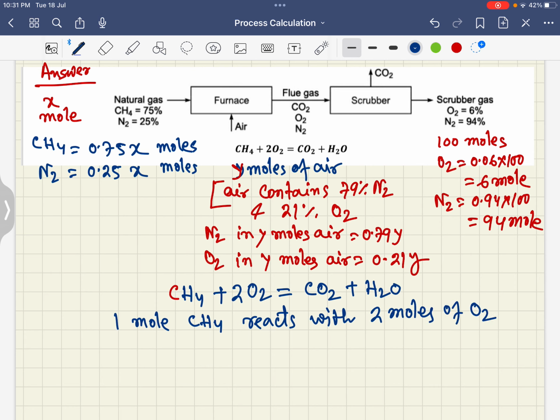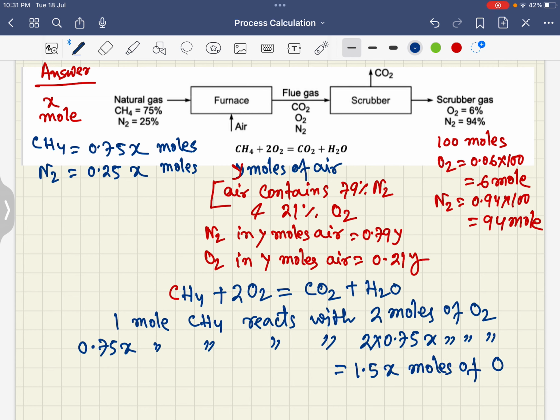In the natural gas we have 0.75x moles of methane, so 0.75x moles of methane reacts with 2 into 0.75x moles of oxygen, that means 1.5x moles of oxygen.